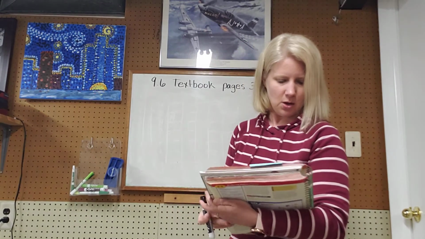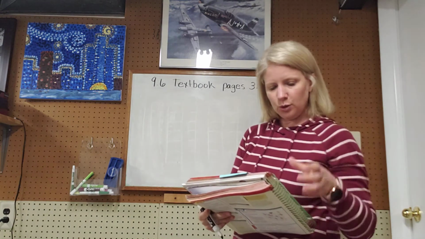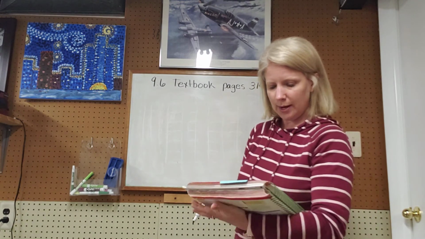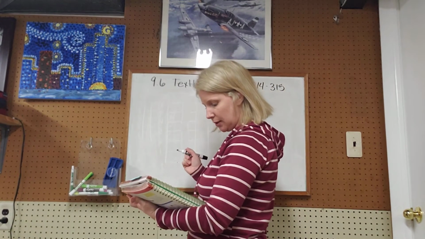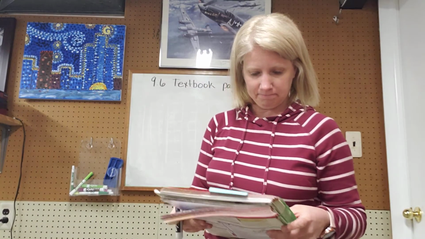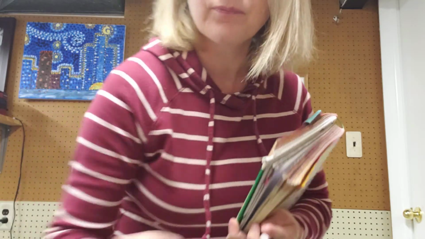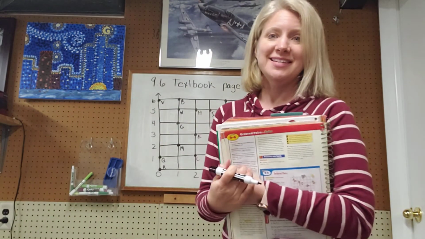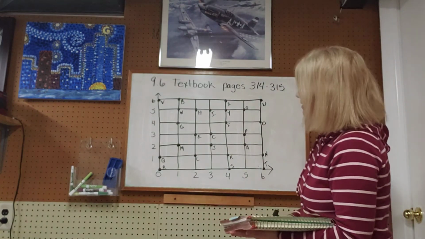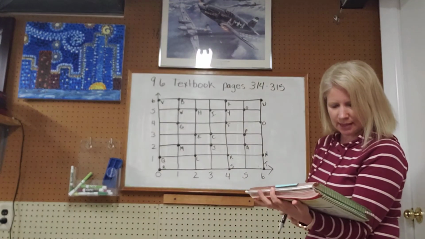Write the letter for each ordered pair using the graph at the right. Let me draw out the grid. I'm going to pause and then I'll draw the grid out and be back. Okay, so I drew out the grid. Here it is, and there's lots of letters on there.